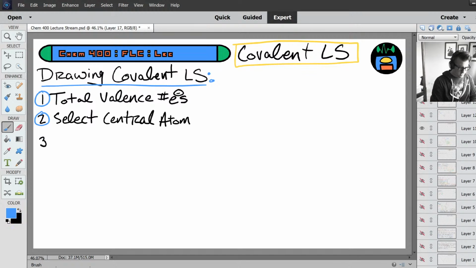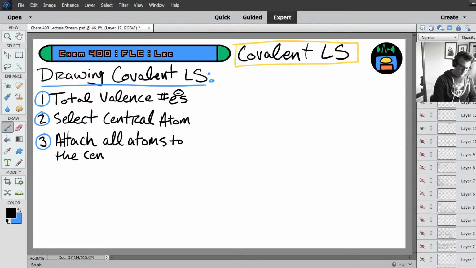Step number 3 is attach all atoms to your central atom. Step 4 is complete octets.